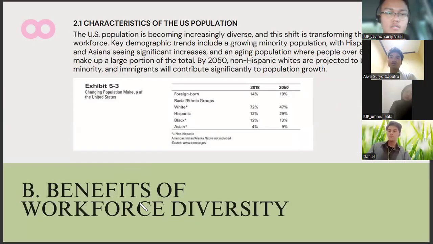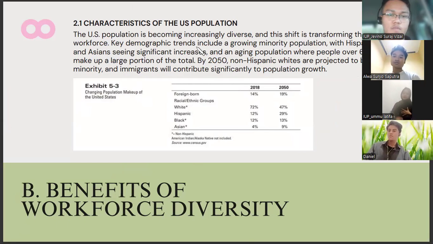And the next is 2B, the changing workplace. 2.1, characteristics of the U.S. population. The U.S. population is becoming increasingly diverse, and this shift is transforming the workforce.